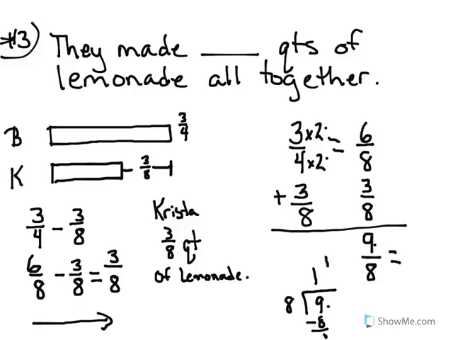Remember, to make it a fraction, we take the remainder and put it in the numerator, and our denominator is going to stay the same. It was 8, it was our divisor, and we're going to end up with 8 again. So we could write either 9/8 or 1 1/8. So they made 1 1/8 quarts of lemonade altogether.